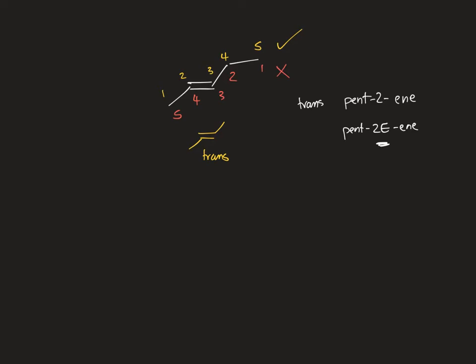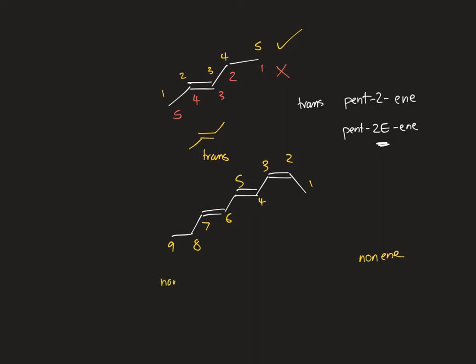The reason it's done this way is that if there's more complex molecules, for example, let's draw in something like this, where we've got more than one double bond and more than one stereochemistry, then this could be numbered in this way, in which case this is a nonene. What type of nonene is it?